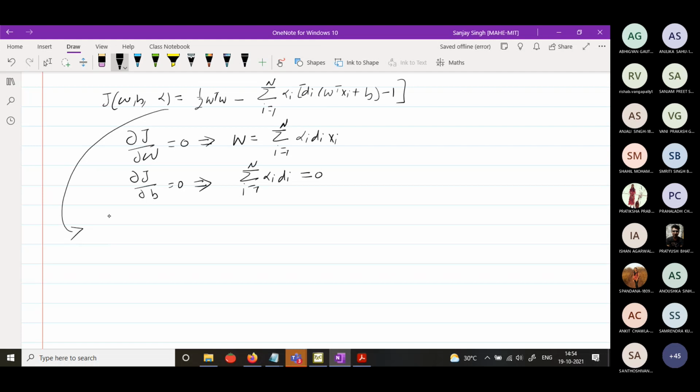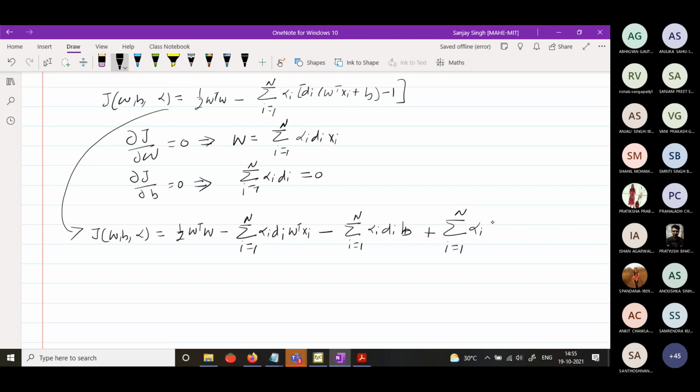When I expand this, I can write J(w, b, alpha) equal to 1 by 2 w transpose w as it is, minus summation i equal to 1 to N alpha i di w transpose xi, minus summation i equal to 1 to N alpha i di b, and plus, because this is minus and this minus makes plus, summation alpha i.